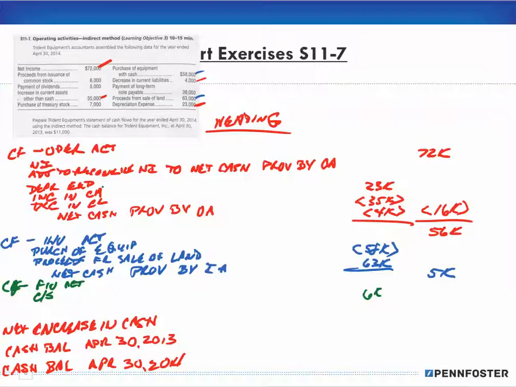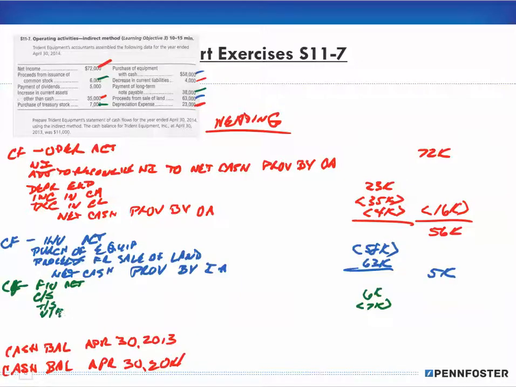Then I have the purchase of treasury stock. That's a negative $7,000, because from the common stock we're getting cash, but from the treasury stock we're paying out cash. We pay off our notes payable. So let me erase some of this here.